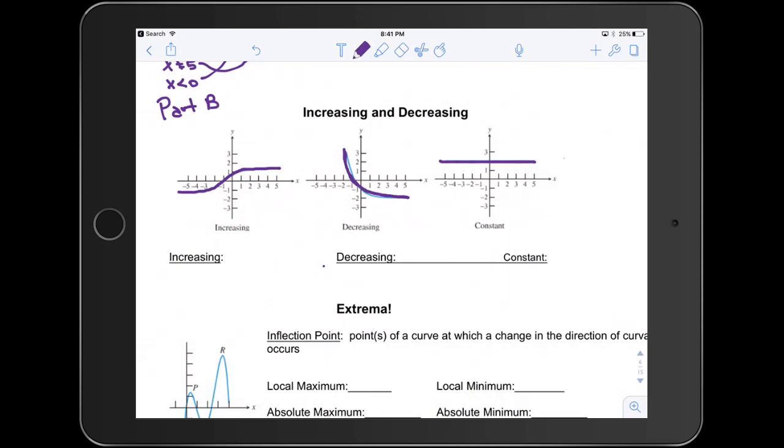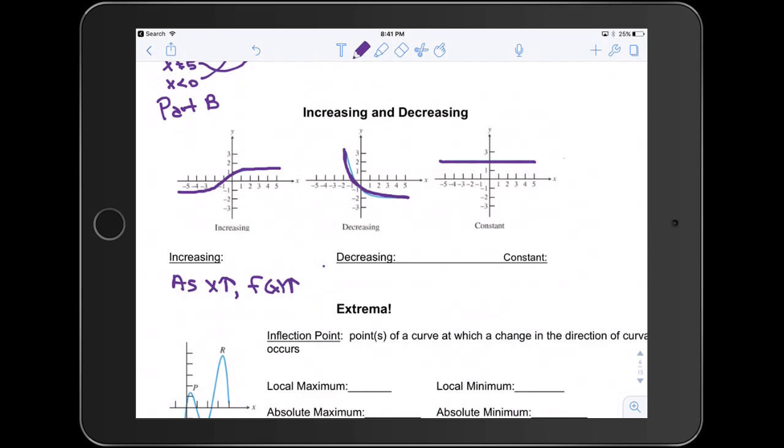So let me summarize that for a minute here, okay? Down here it says increasing, that is as x increases, the y, or f of x, which is the same thing as y, also increases.